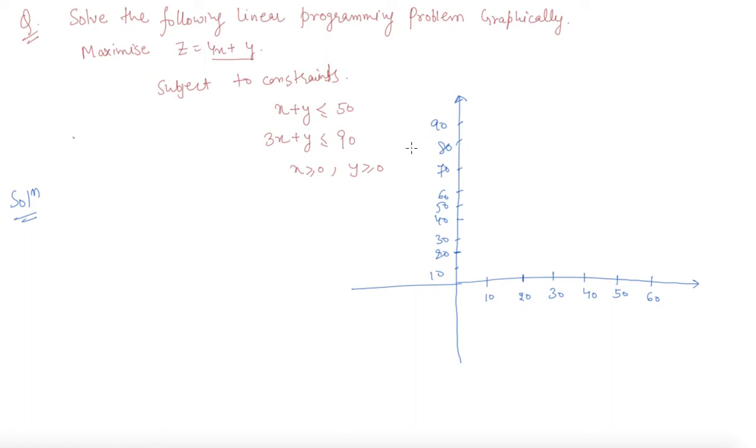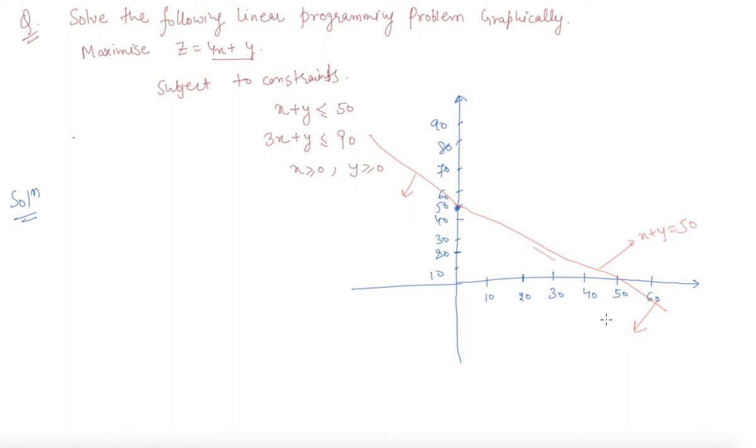According to the first condition, x plus y should be less than 50. So this is the line x plus y equals 50, and the region should be here. In this region, x plus y will always be less than 50.